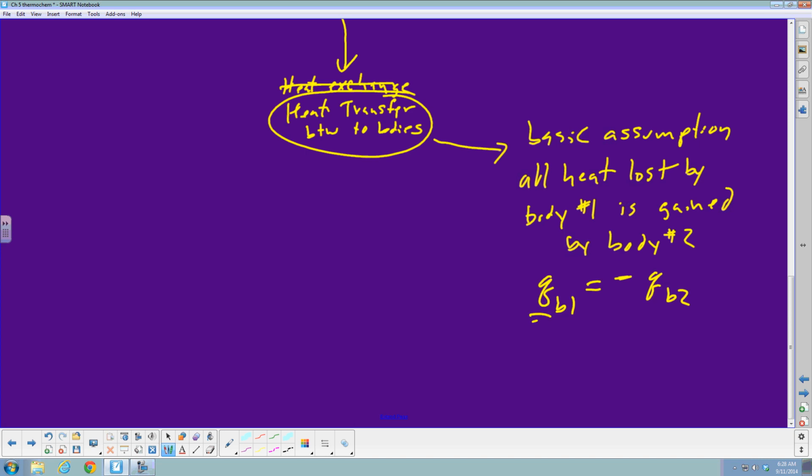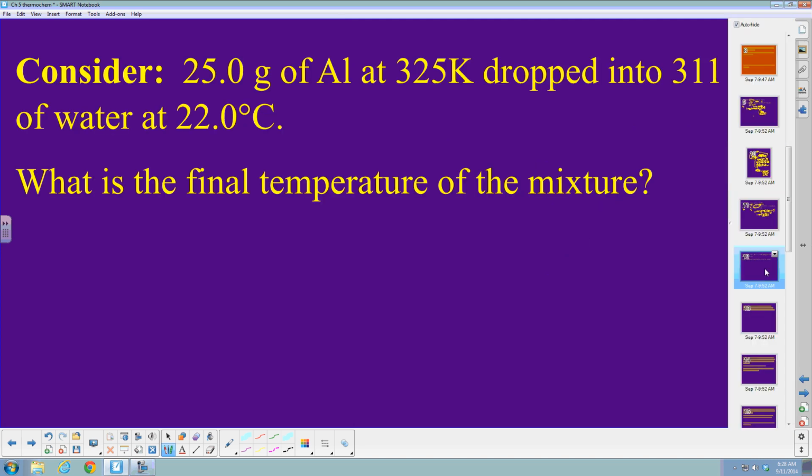They both have the same magnitude. The only thing that's different is the sign. The positive indicates that it is gaining heat. The negative indicates it's losing heat. Good. So that's the key concept here in these kinds of questions where I have two bodies and heat is being transferred between them. So let's go back to our question.